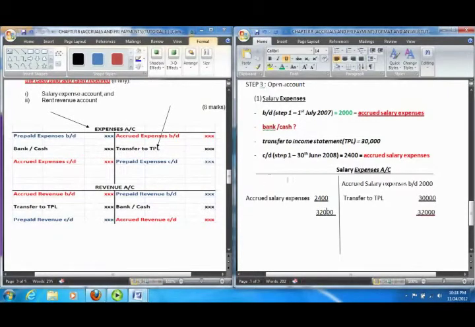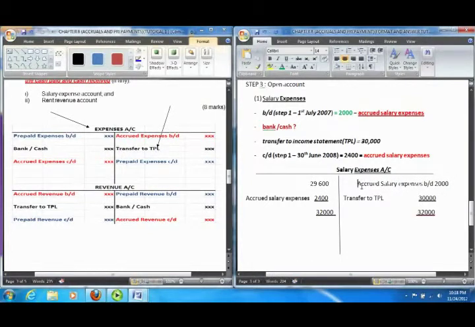Alright, so the amount that you need to total, you must put the amount that is bigger, 32,000. Class, do you see on the debit side, is it balanced? No, it is only 2,400. So what is the amount that we need to put here to make sure that when we add to 2,400, we get 32,000? When you want to add 2,400, you need to put 29,600.